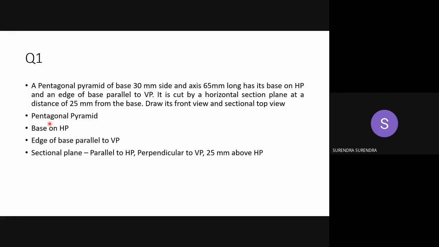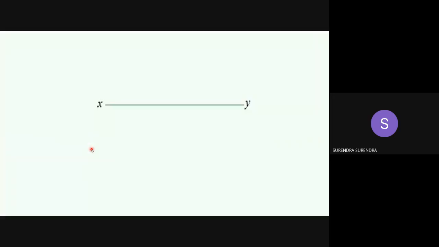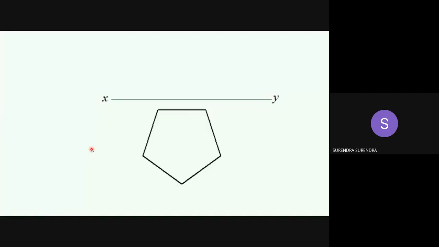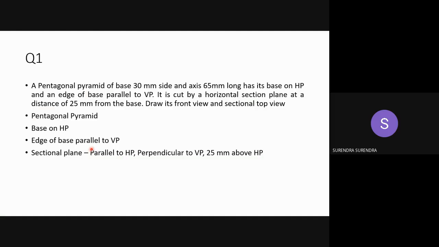Now first draw the XY line and the true shape of the base. While drawing the true shape of the base, what condition is given? Base on HP and an edge of the base parallel to VP.